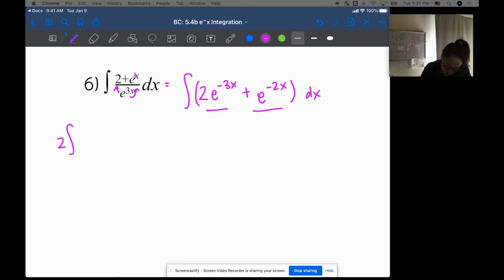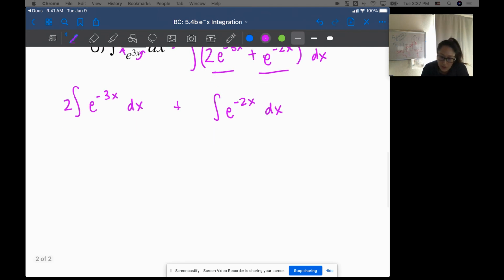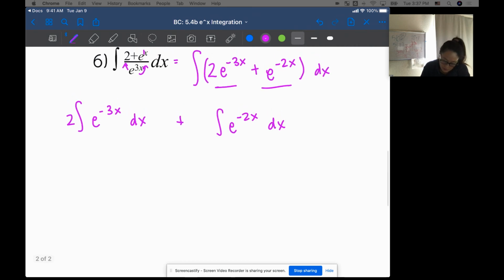So I have the integral of 2e to the negative 3x dx plus the integral of e to the negative 2x dx. Cool? Cool. All right. Now we just need to integrate these.